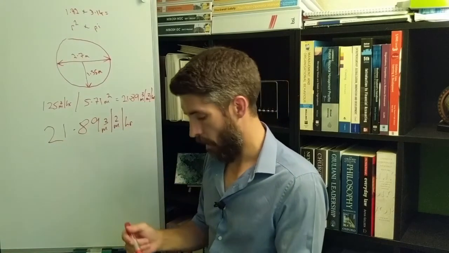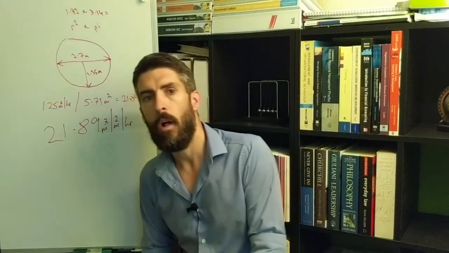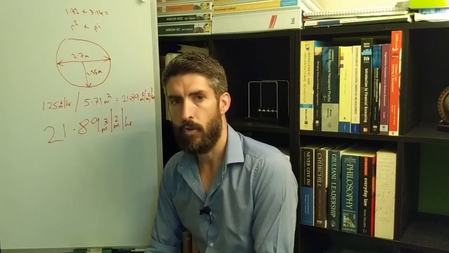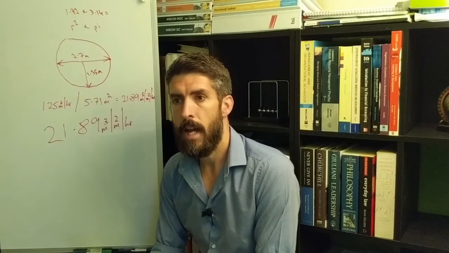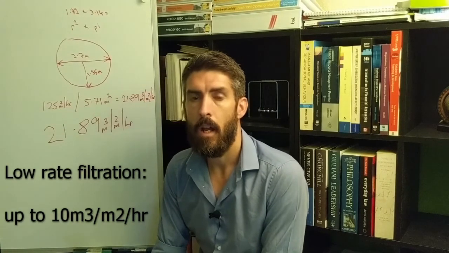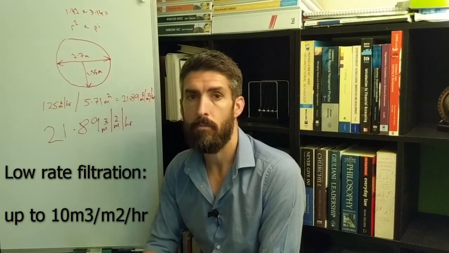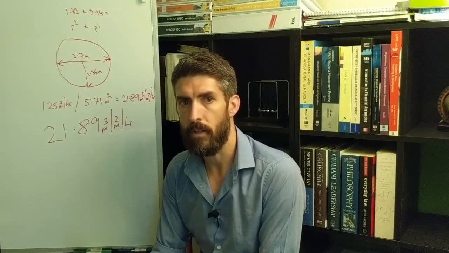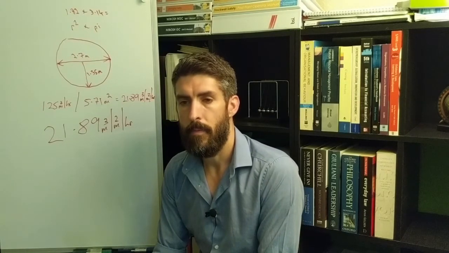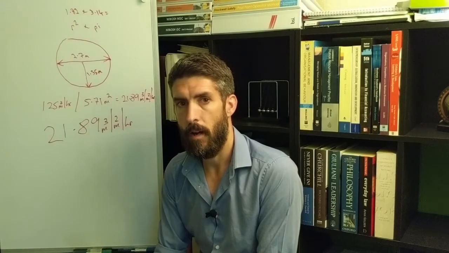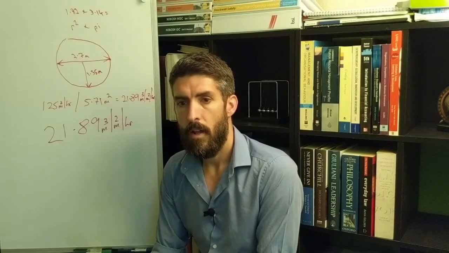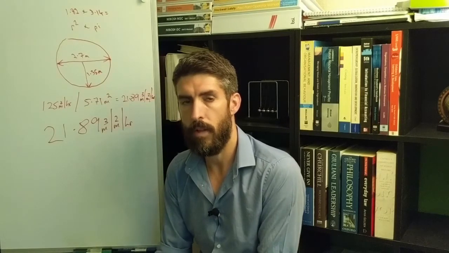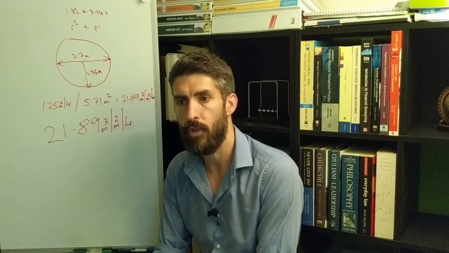So 21.89 would be about right for a commercial swimming pool filtration system, because there are different rates of filtration. Low rate filtration is anything up to 10 cubic meters per square meter per hour, but that's not really used very much in swimming pools because it's too slow, and to process a meaningful volume of water, low rate filters have to be quite large in surface area, so they're not used in swimming pools.